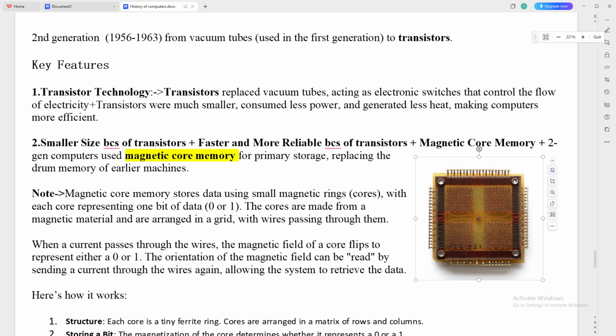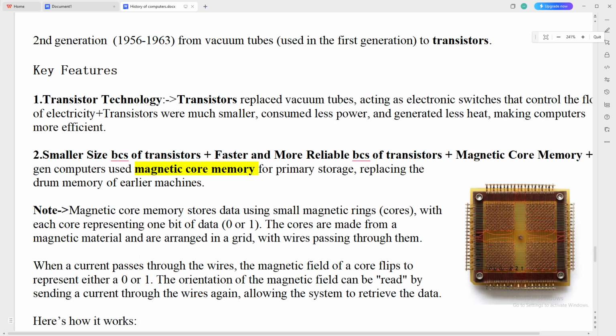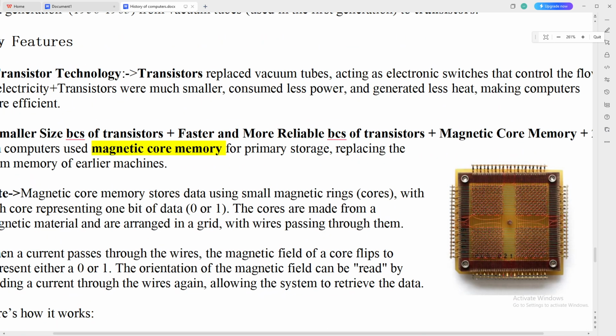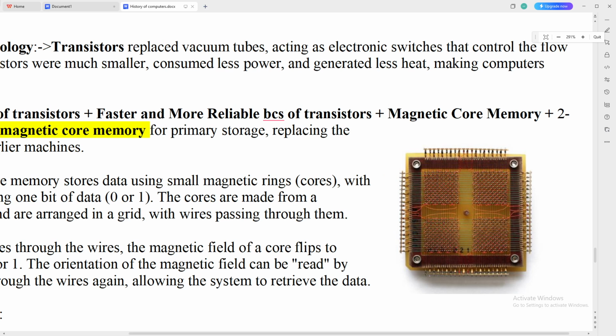As you can see in this diagram, if I zoom, you can see how tiny these threadings are, and this was all done by hand. At that time there was no machine to make this magnetic core memory. This whole thing is 64-bit data storage. It can store 64 bits of data.